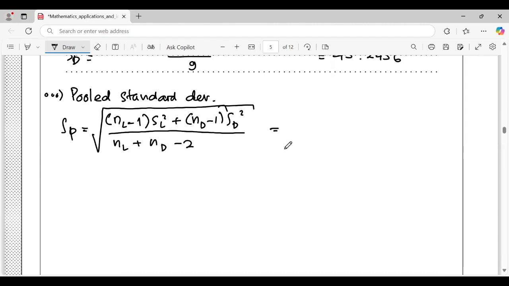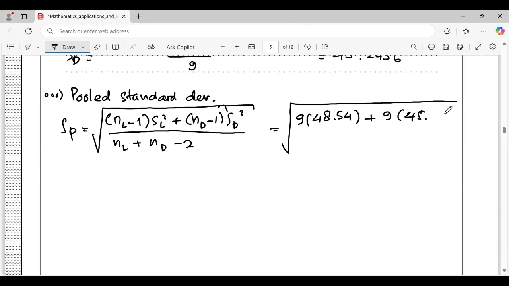If we substitute the numbers, it is 9 multiplied by 48.54 plus 9 times 45.2456, divided by 18 because 10 plus 10 minus 2 is 18.